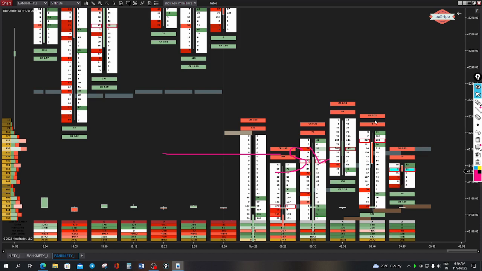The market is moving sideways. There's no decisive direction yet.